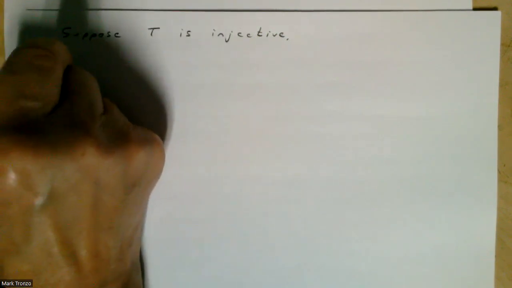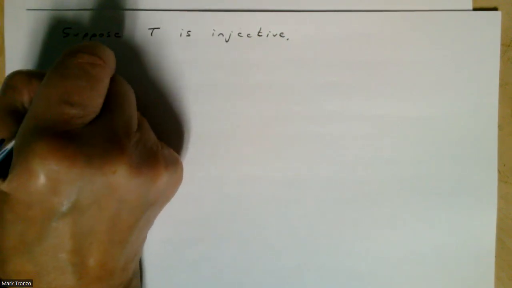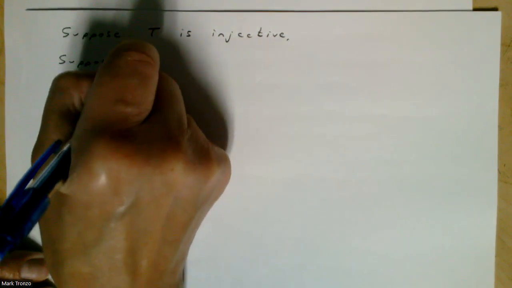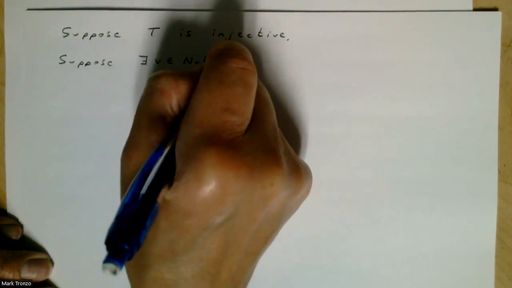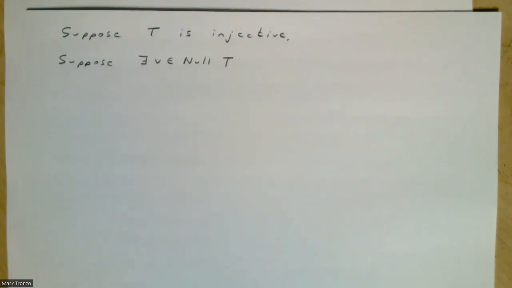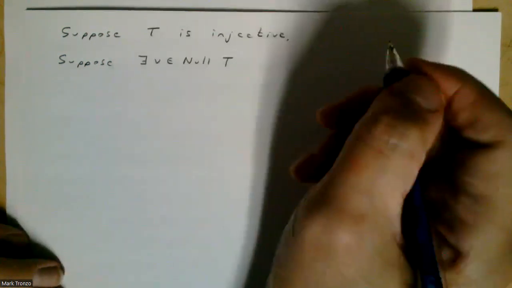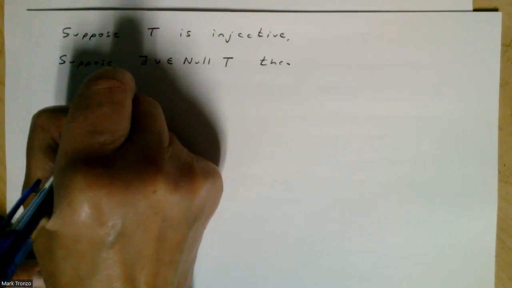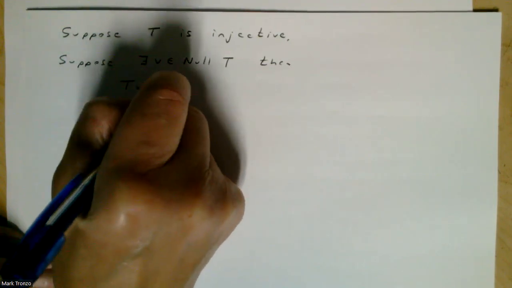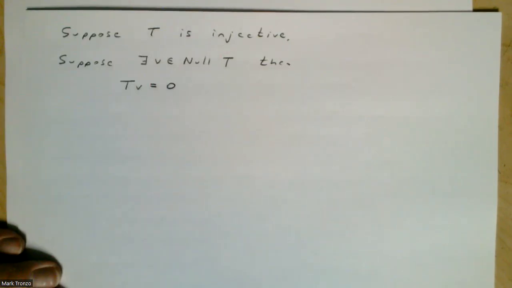So we're going to further suppose that there exists a v in the null space of T. It could be any vector v. So what that means is that Tv is equal to 0.